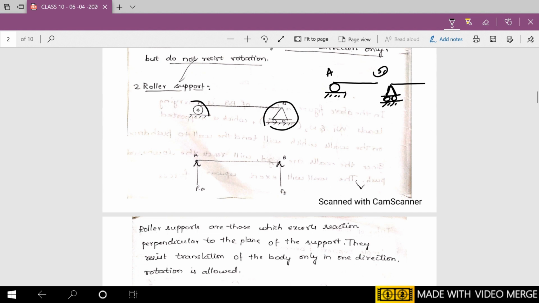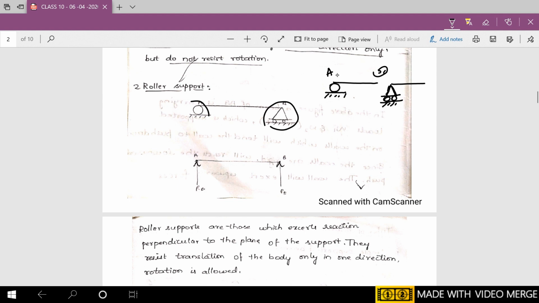In AB, both sides are supported by a roller support. One representation is given like this, another representation is given like this. Though both represent the same roller support, the reaction is again the same. Here, imagine an eraser placed on a desk or ground level, and a scale placed over the eraser.